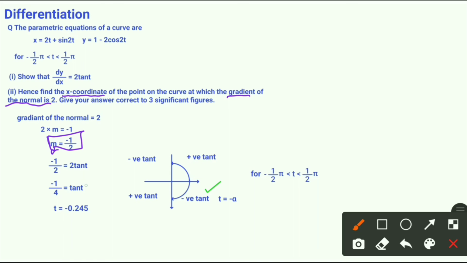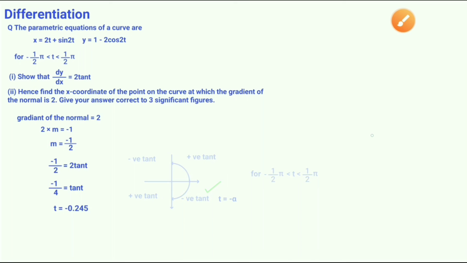After finding the tangent, you put in here and then you try to solve this, and since this is negative, it's going to be in the second and the fourth quadrant. But then you got this interval which is minus 90 to 90, and you try to solve this, and you can't do this one because it is not in this interval, this one is in this interval, and you get this value of t which is negative.